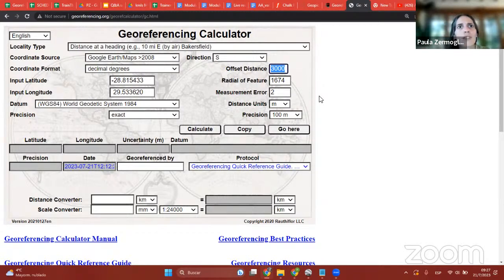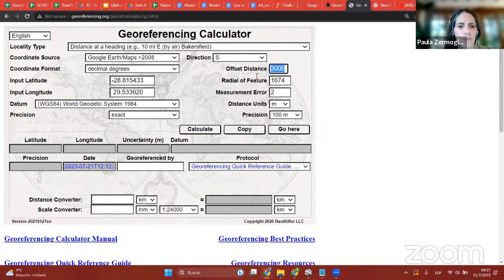It's the same if it falls in the ocean or on land. What you need to know is where the coast of that town is. So you have to determine the coast of that town to have as a reference, and you will have a radial as well for that feature.